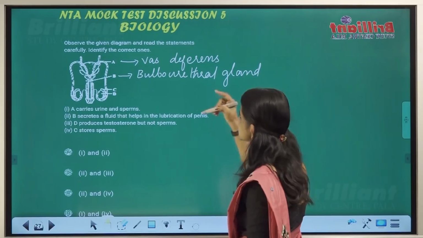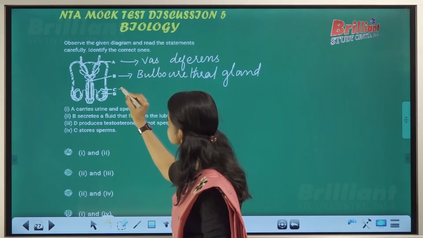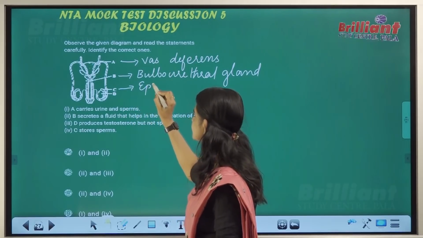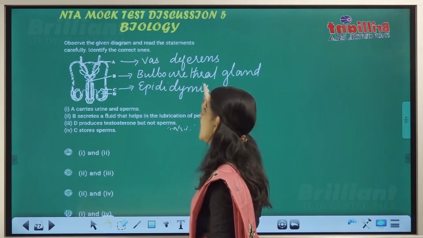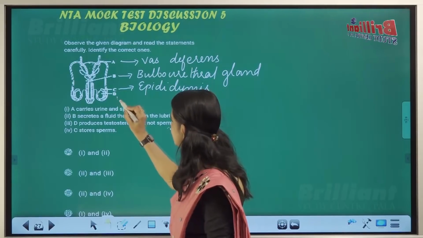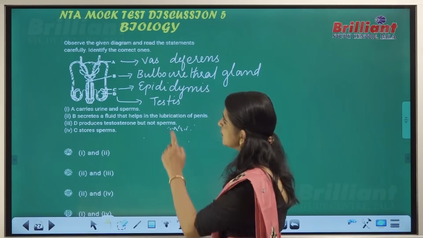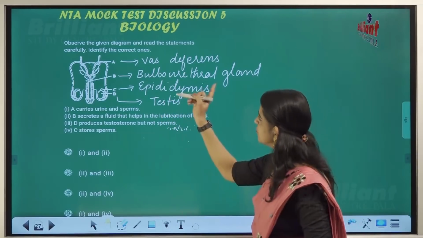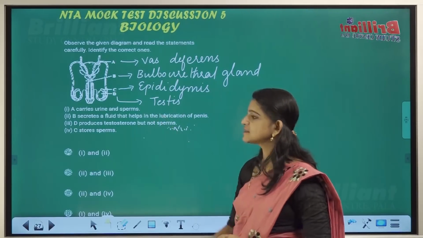So A is vas deferens, B is bulbourethral gland, C is epididymis, then D is testis. See, A vas deferens, B bulbourethral gland, C epididymis, and D is testis.